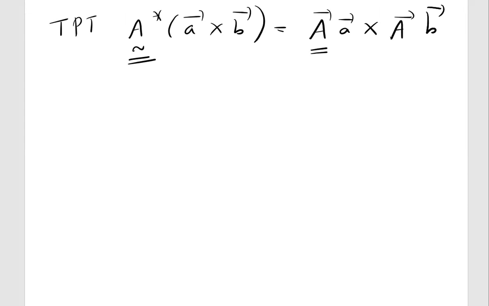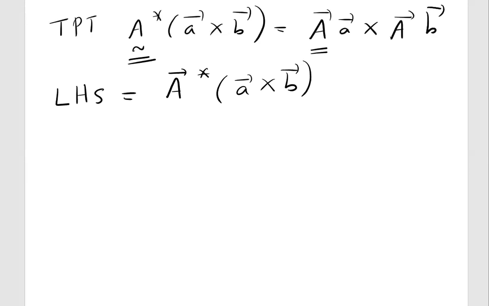So now take LHS. So what is our LHS? LHS is A star (a cross b). Small a is a vector, small b is another vector, a cross b is a vector. Then this A, capital A, is a tensor of order 2 and this product is a vector.